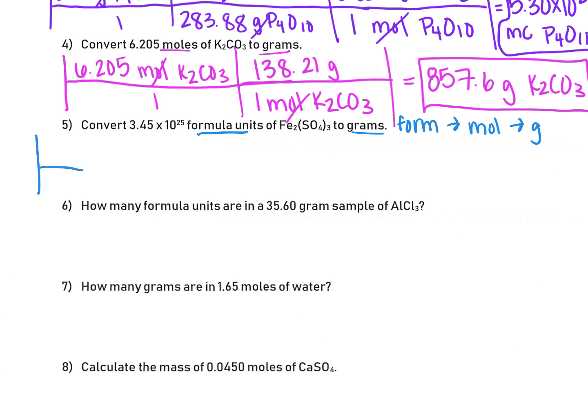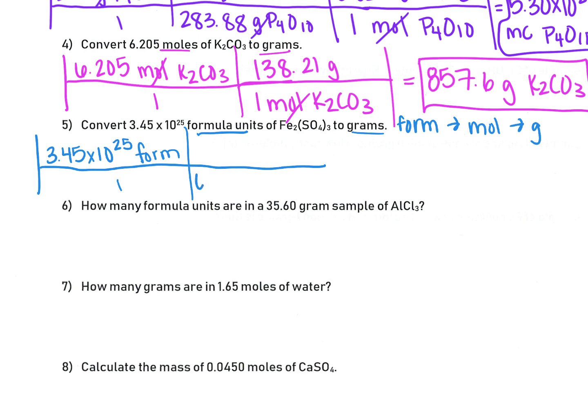All right, what number are you going to start with? 3.45 times 10 to the 25th formula units. I'm writing form for short. How many formula units are in a mole? Everyone say the number. It's your new favorite number. 6.02 times 10 to the 23rd. Good. Is that going to go on top or bottom? Bottom.